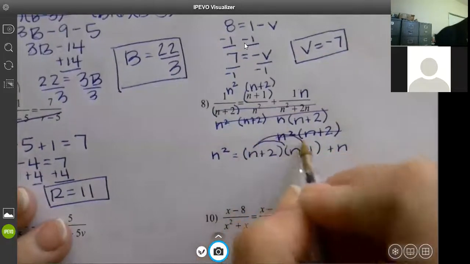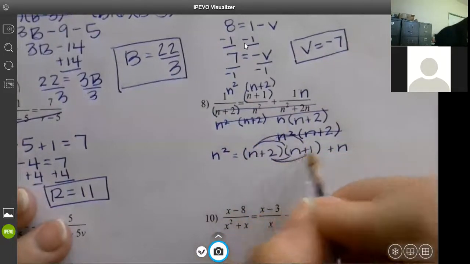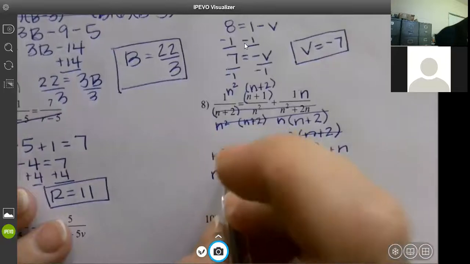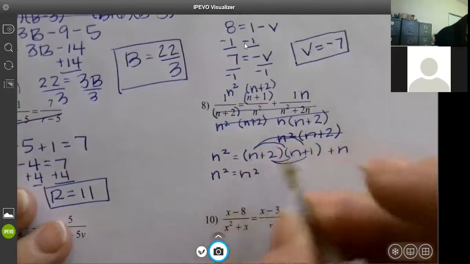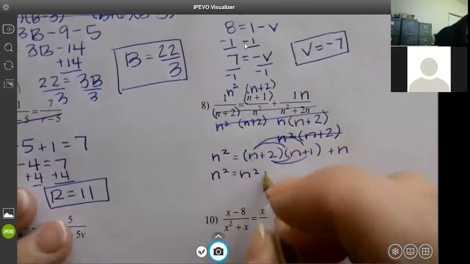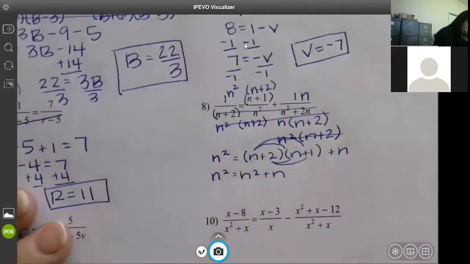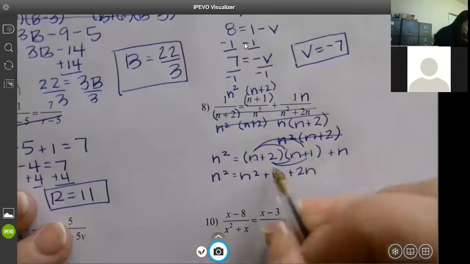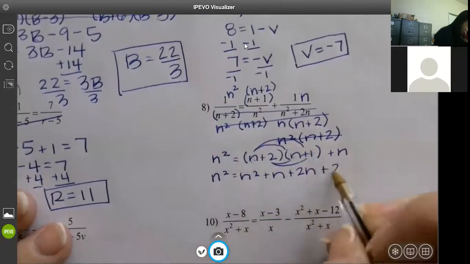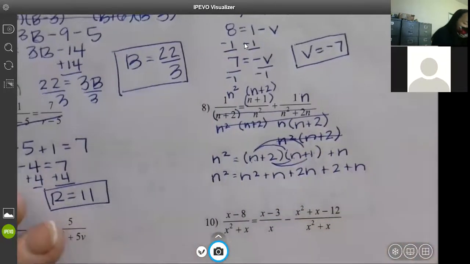It's a double distribute. N times n is n squared. N times 1 is 1n, or just n. 2 times n is 2n. 2 times 1 is 2. And then we have a plus n on the end.